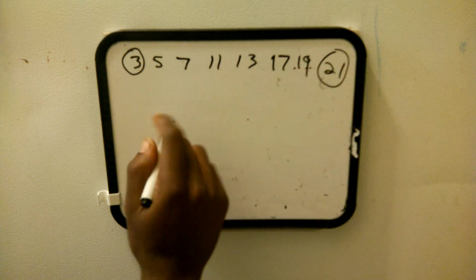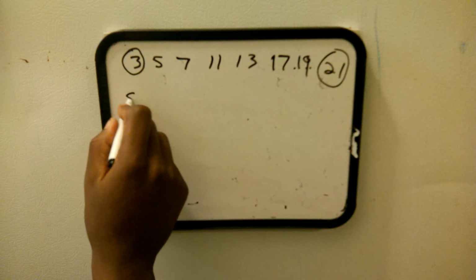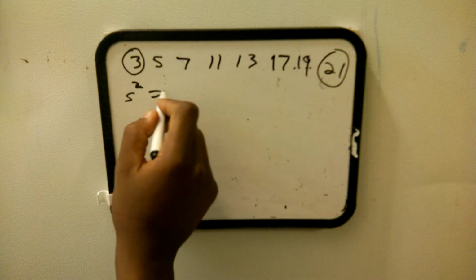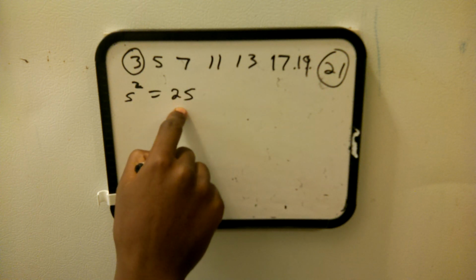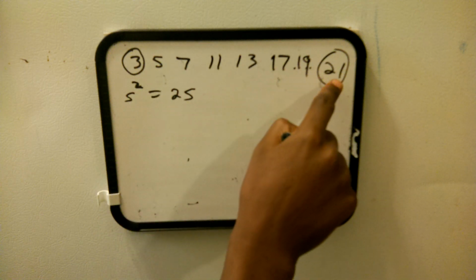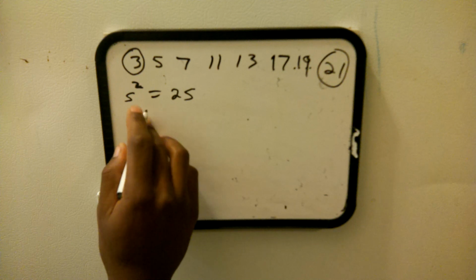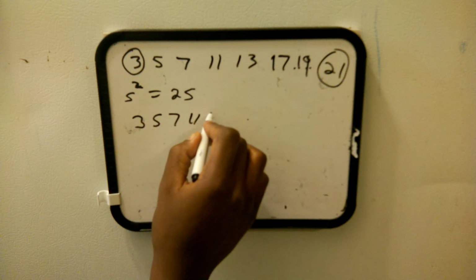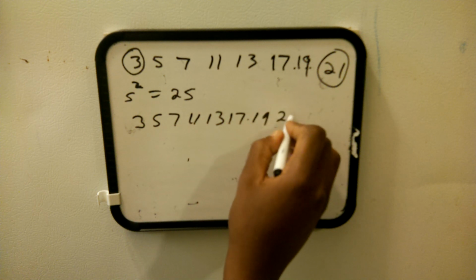You got your 21. Well, we know the square root of 5, 5 times 5 equals 25. So now we know we're getting close to this because we hit 23. So we got 3, 5, 7, 11, 13, 17, 19, 23.